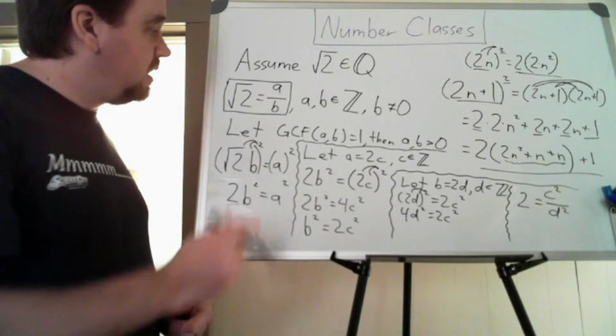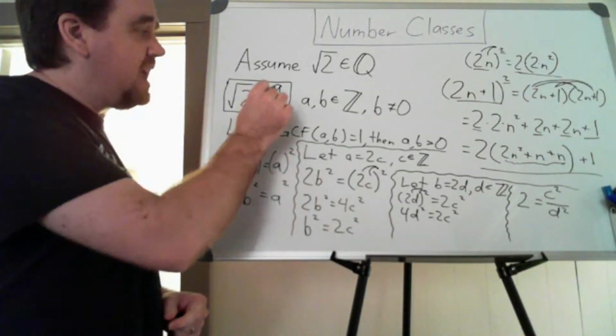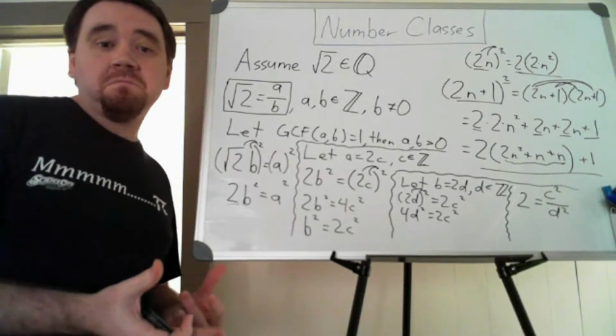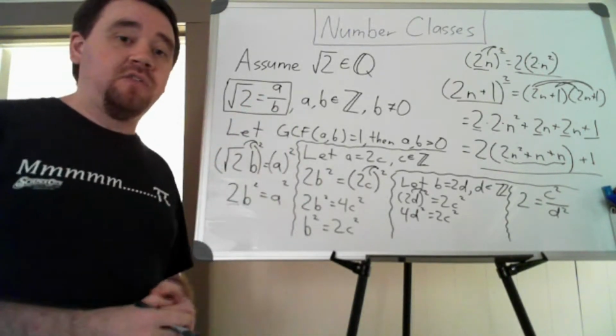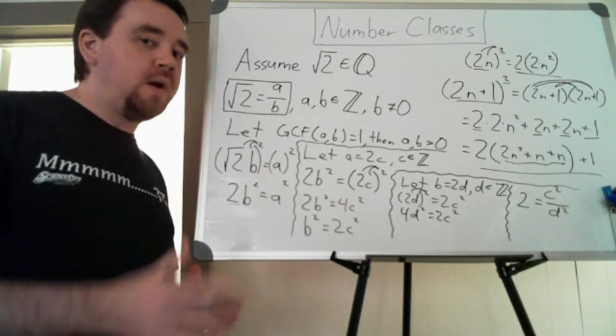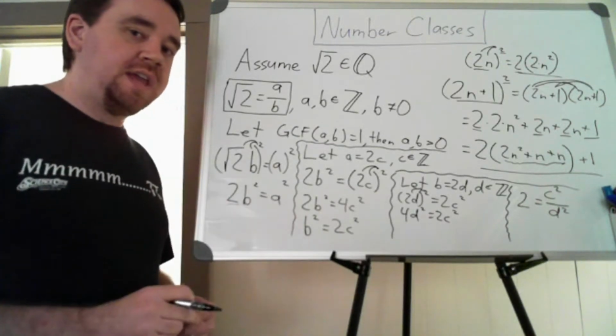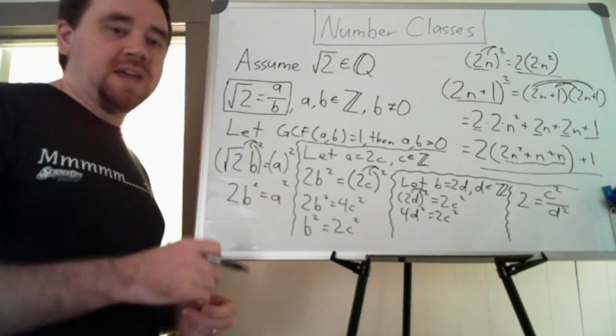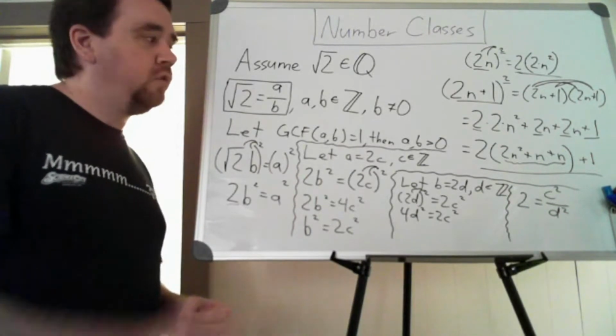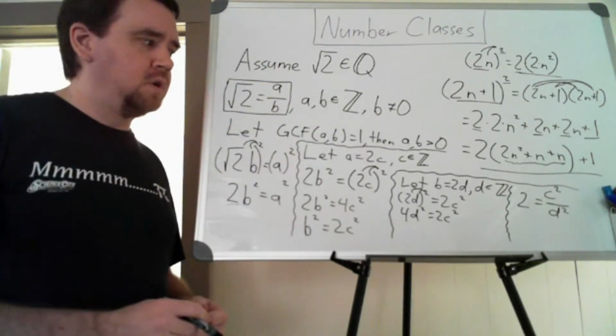But then I said a could really be thought of as 2c, and b could really be thought of as 2d. Well, now I have a common factor of 2 in both of those, which means I can reduce it further. So this wasn't in fully reduced form.